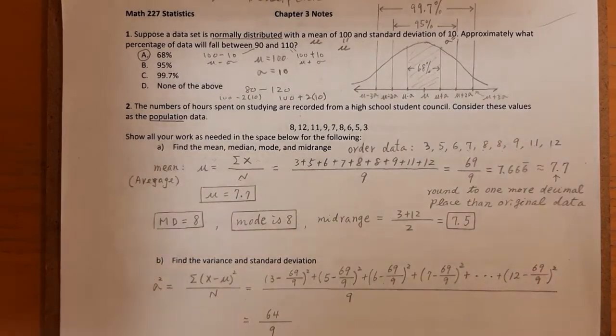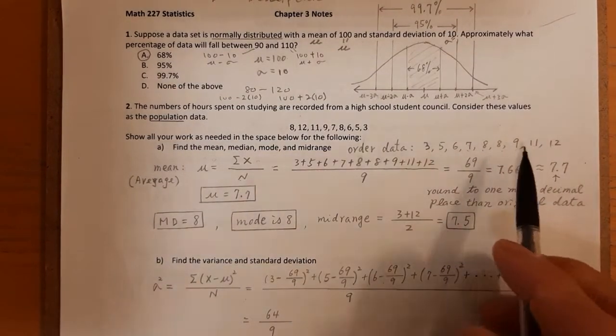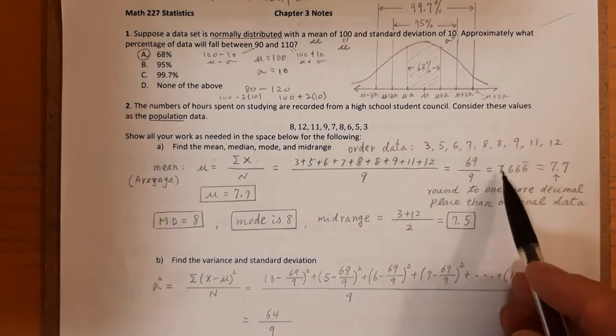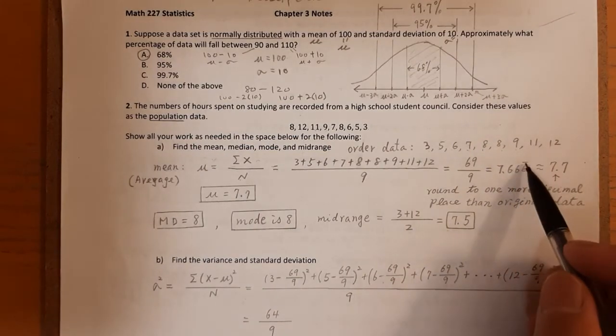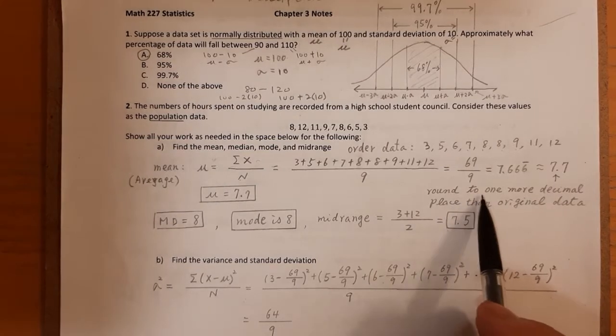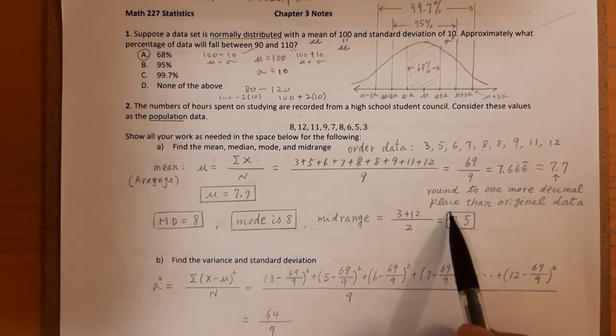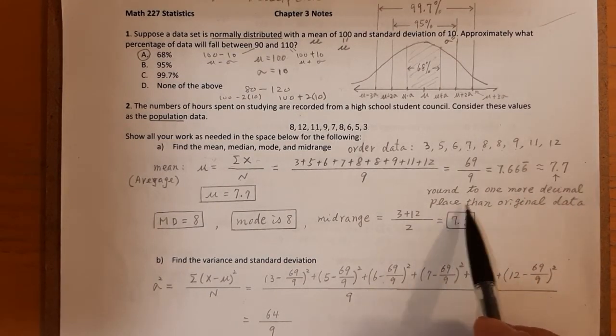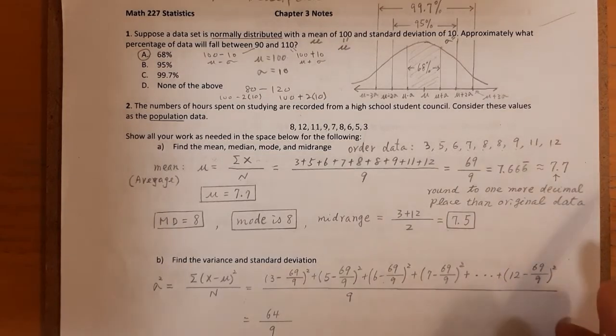N is 9. Divided. Use calculator. You got 7.666 repeating 6. Rounded to one more decimal digit than the original data.